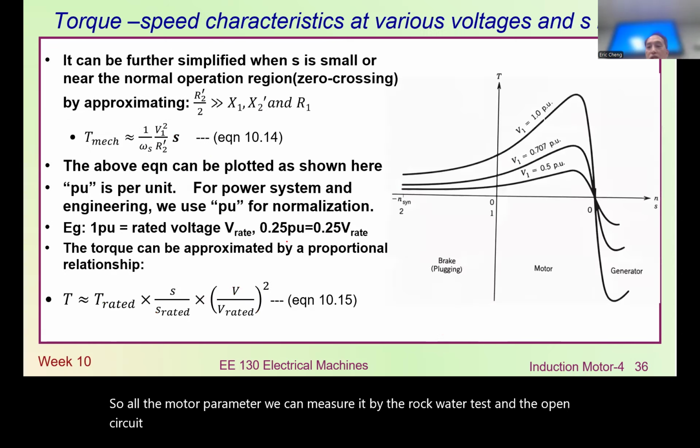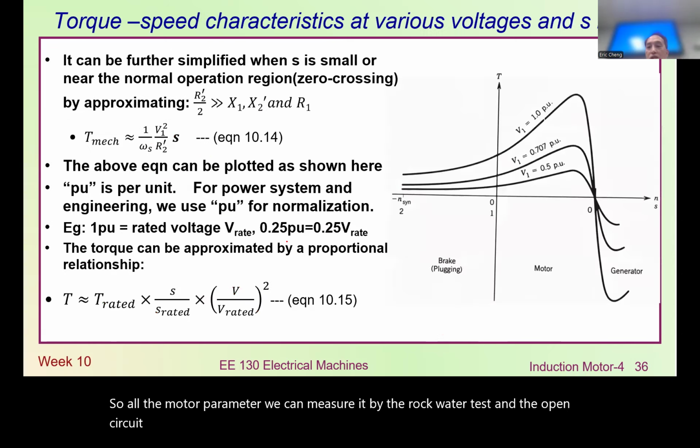Per unit is a so-called normalization, because I don't want to use a particular voltage here. I just refer to the full voltage. So when we change the voltage, you can see that the peak value here, of course, will drop. How it drops will be according to this formula or this formula.